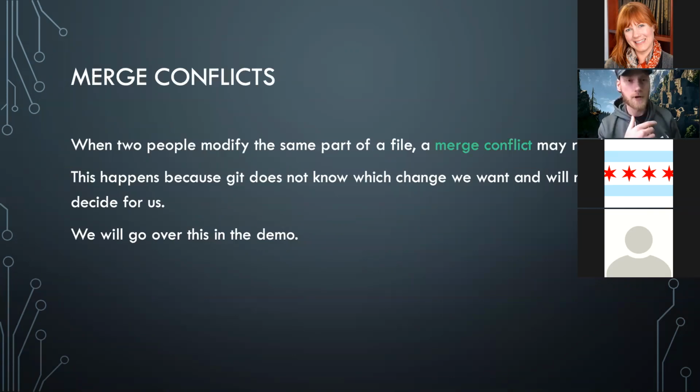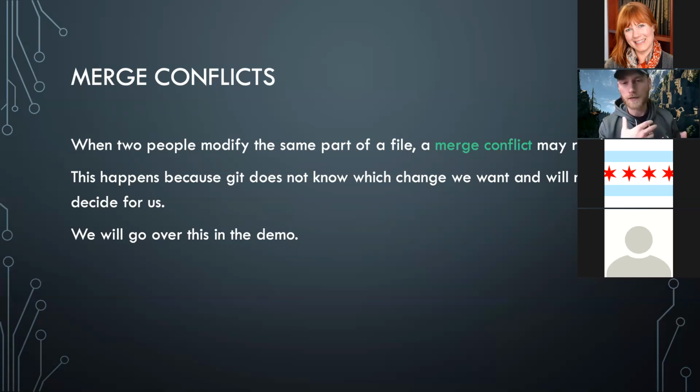So sometimes when you merge two branches, you might have a merge conflict. That can happen when you have the same piece of code or the same part of the file modified by two different people. So it has two different changes that Git wants to combine, but it doesn't really know which one you want to keep.